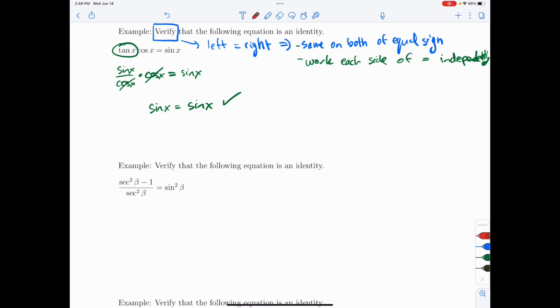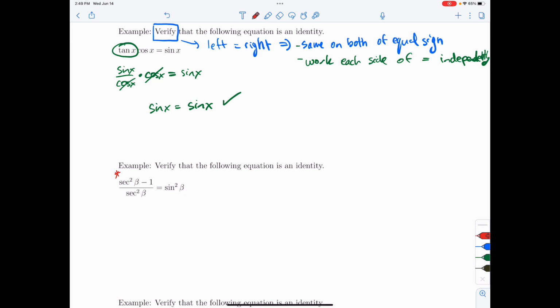All right, the next one, we have secant squared of b minus 1 divided by secant squared of b, and that's equal to sine squared of b, or beta. Okay, so what I think I'm going to do here is, again, the left-hand side looks more complicated, so I'm going to try to simplify that.